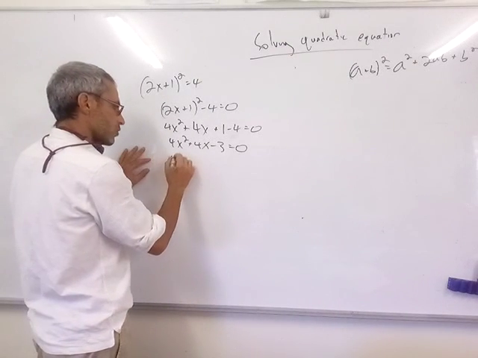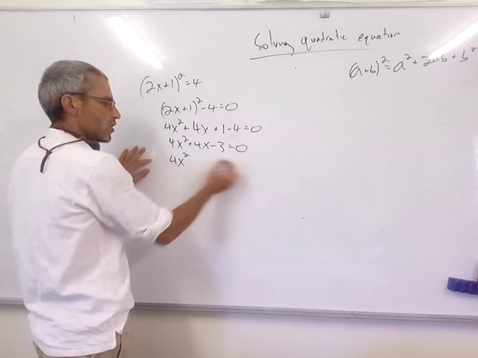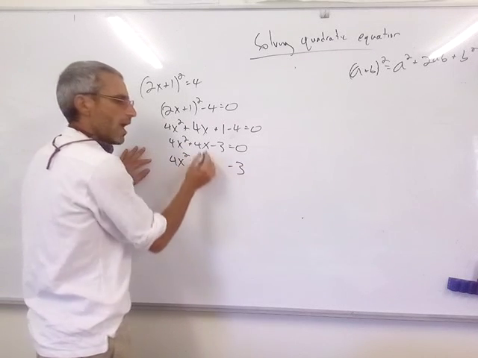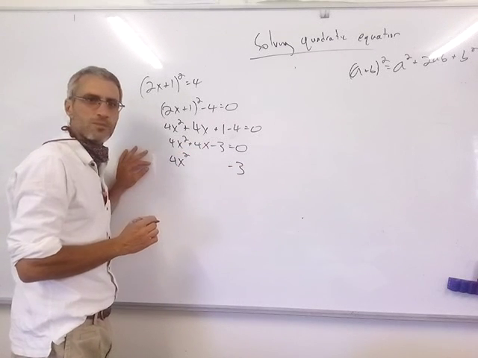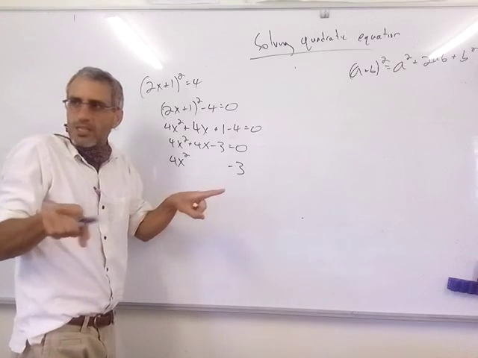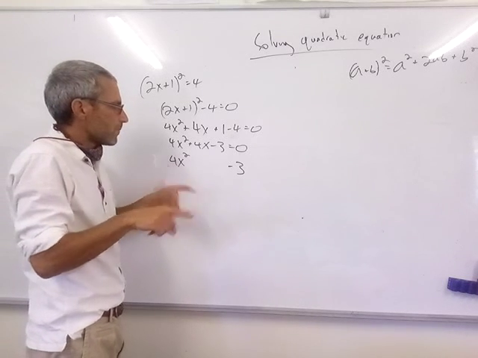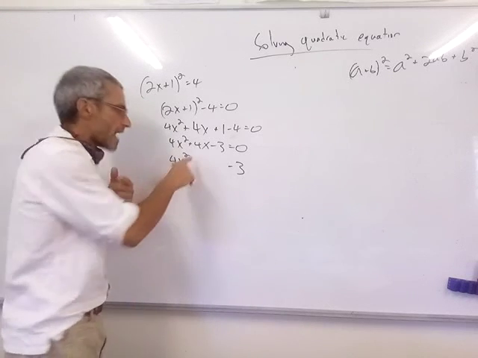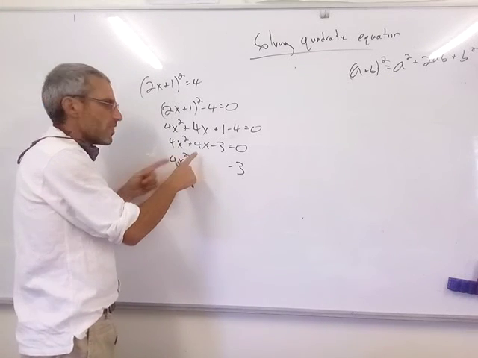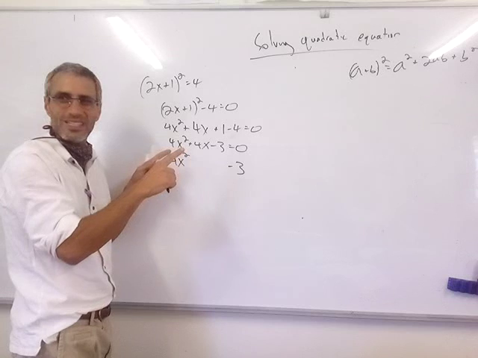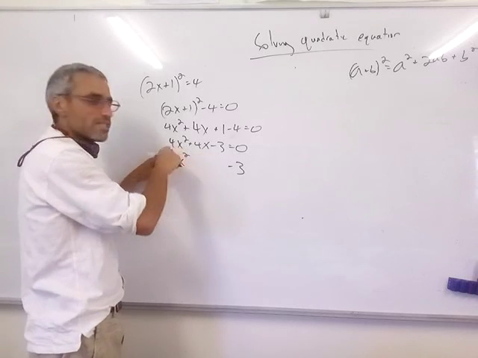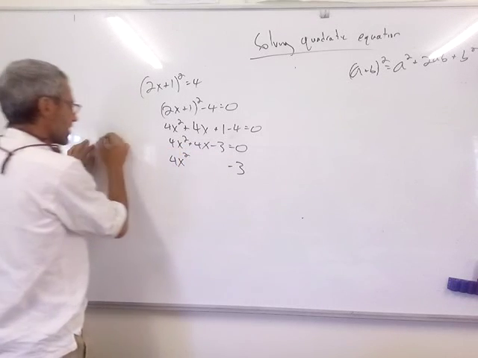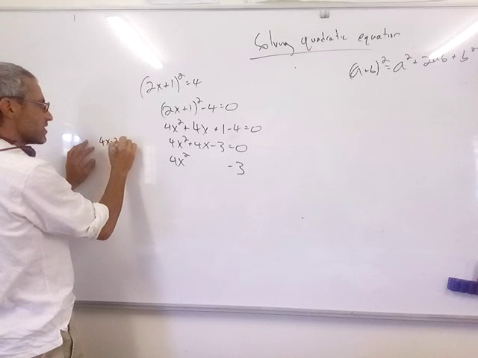If you remember from last year, we keep the first and the third term the same. And what do we do to that middle one? We split it into two parts. How do you know? They need to add up to 4x, and they need to multiply to, do you remember? 4 times minus 3 is minus 12.